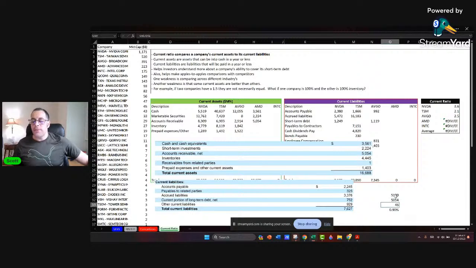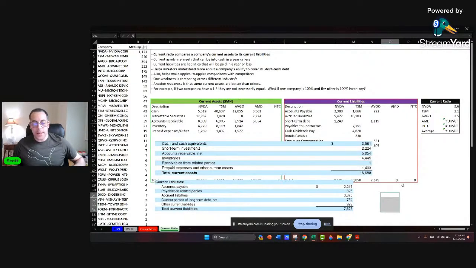So they say, okay, of the 5.1 billion, 46 million probably we won't get for whatever reason. So they have to put the net, what they expect to get. So that's 5.054 billion. That's why it says net.